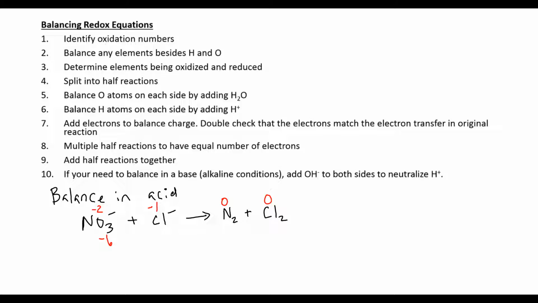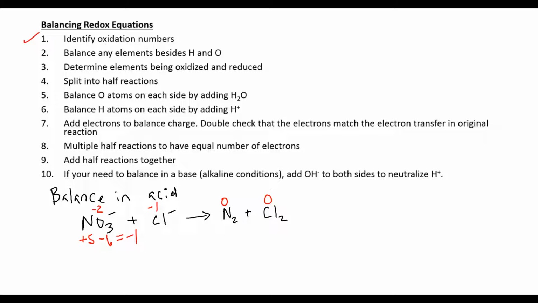Because we have the negative charge on the nitrate, we're going to set that whole thing equal to -1. That means in this case, nitrogen is going to have a charge of +5 to balance out the -6 to give a total charge on nitrate of -1. So we've successfully accomplished our first step.